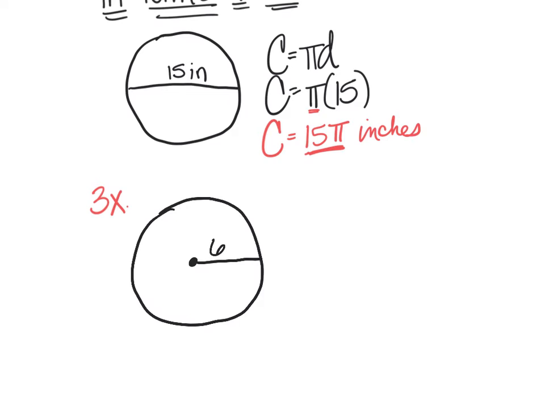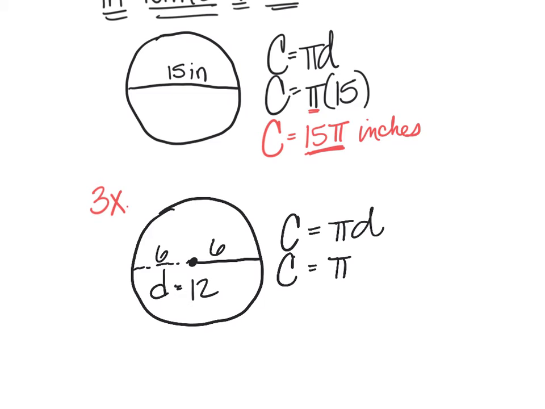All right, we've got a circle with a radius of 6. So we're going to do C equals pi d. The diameter is going to be 12 because we're going to put 6 more on that side. So we're going to do C equals pi times 12.